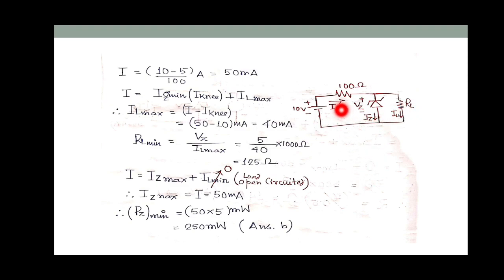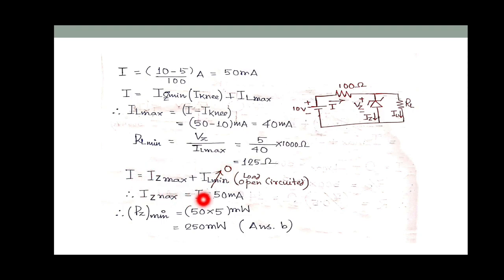I is constant, which is equal to IZ plus IL. So IZ equals I minus IL. So the value of IZ is maximum when IL is minimum. And what is the minimum value of IL? When this RL is open circuited, that is IL equals 0. When the load is open circuited, the minimum value of IL can be 0.